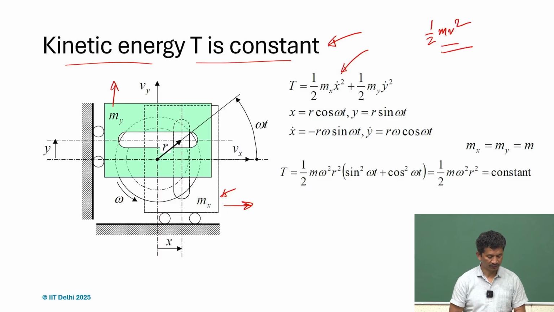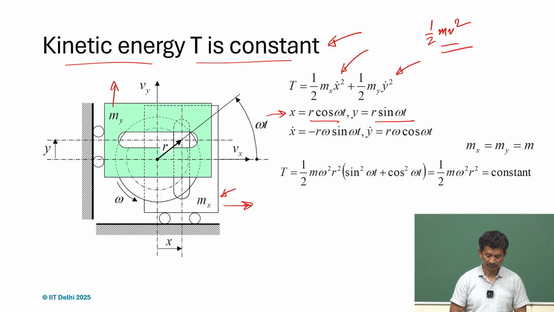So v is x dot square, since mx has only that motion, and similarly the block which is moving in the y direction will have only vertical motion, so y dot square. If we write x and y in terms of r, since they are coupled, we can write x as r cos omega t and y as r sin omega t.